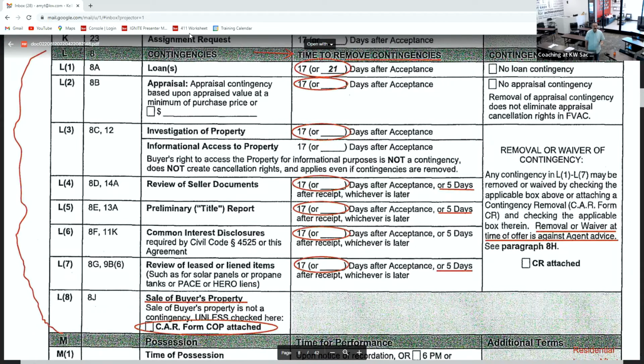They could also, while they're considering that request for repairs, let's just say you ask them to fix X, Y, and Z, reply to the request for repairs: we're not going to fix X, Y, and Z, but in return for you waiving and removing the inspection contingency, we will credit $5,000 to the buyer at close of escrow.